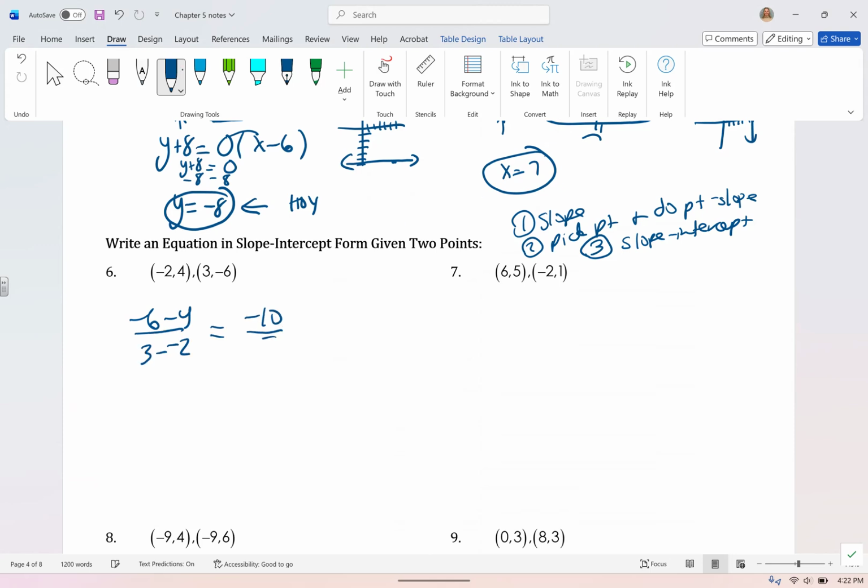It's -10 over 5 or -2. So we're going to do y subtract, pick a point. I'm going to pick the first one. So this would be x minus the -2, so that becomes plus a +2. And it's y subtract 4, so that's why it stays negative.